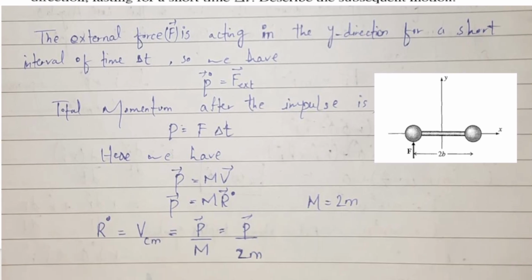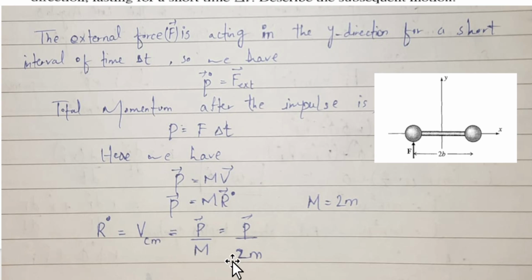Further, after arranging the terms, velocity can be written in this form, which is the first order derivative, with the symbolic representation of a dot. This velocity is actually for the center of mass.